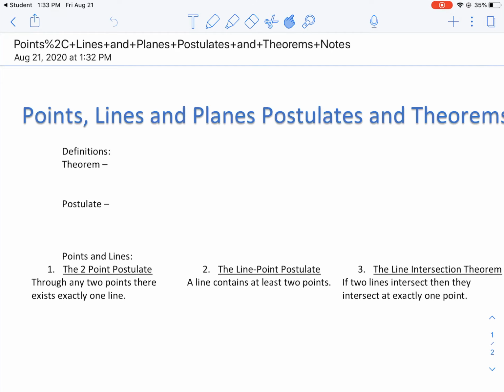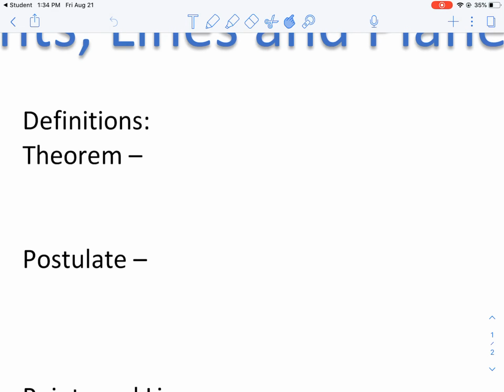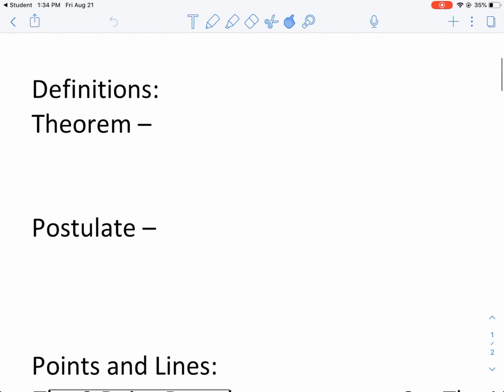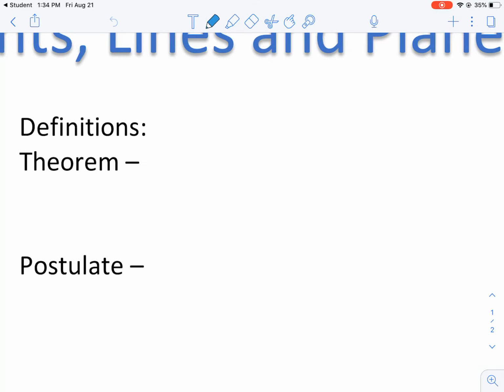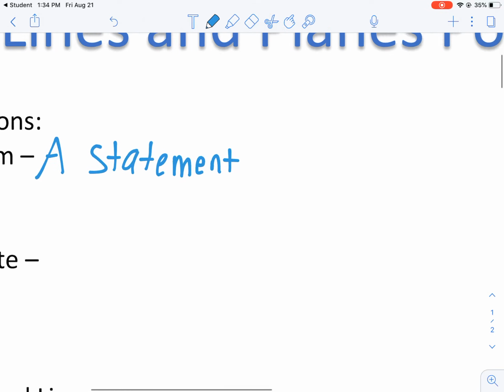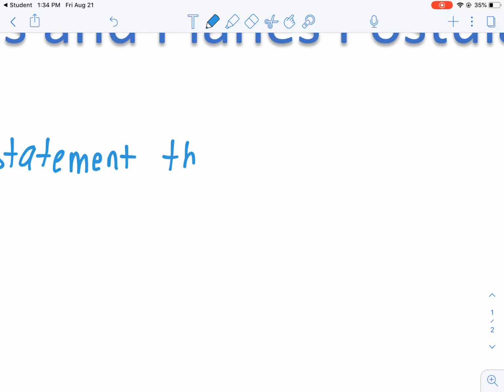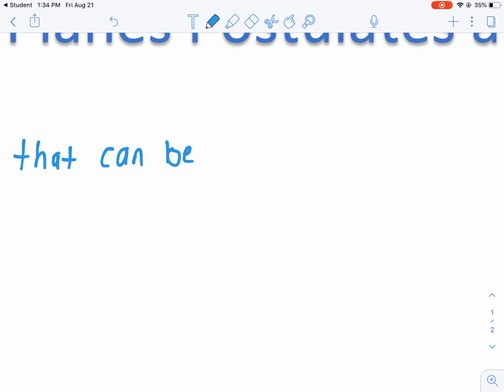Theorem and postulate. So the first thing that you need to know, a theorem is a statement that can be proven true. All right.